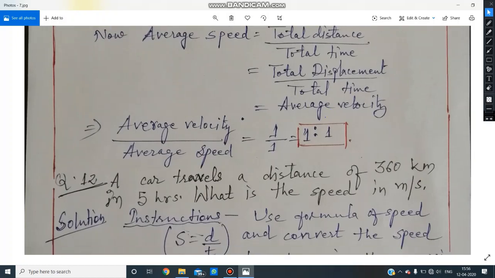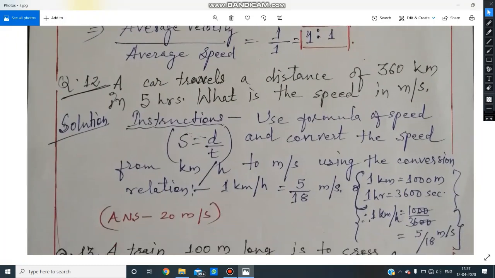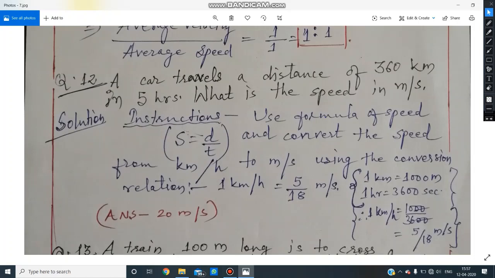Moving on to the next question, we have: a car travels a distance of 360 km in 5 hours. What is its speed in meter per second? This is one of the simplest questions. So instead of giving the solution directly, some instructions have been shared which you can apply. We know the formula of speed is equal to distance by time.